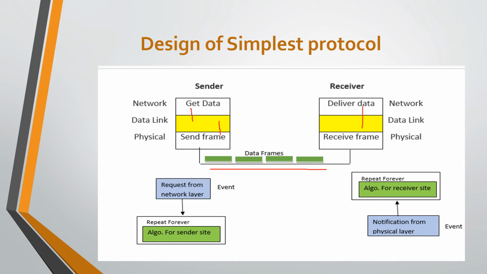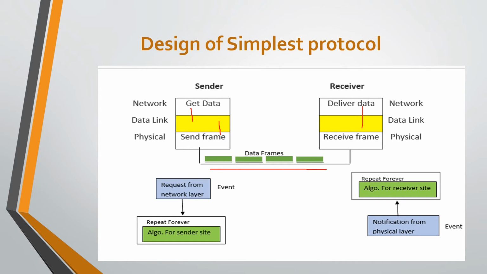The data link layers of sender and receiver provide transmission service for their network layers. At the sender side, the data link layer cannot send a frame until its network layer has data to send. At the receiver side, the data link layer cannot deliver a data packet to the network layer until that frame arrives from the physical layer.